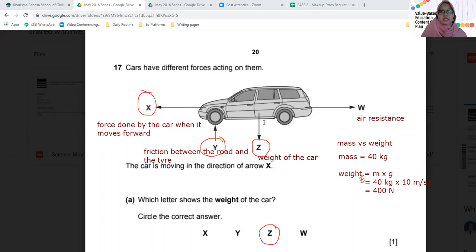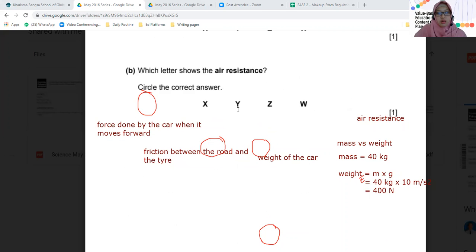If something is falling down, the air resistance acts in the opposite direction of gravity. Gravity pulls something down, but the air resistance resists the gravitational force. In this picture, the air resistance is in the opposite direction of the force done by the car. So which letter shows the air resistance? It's W.